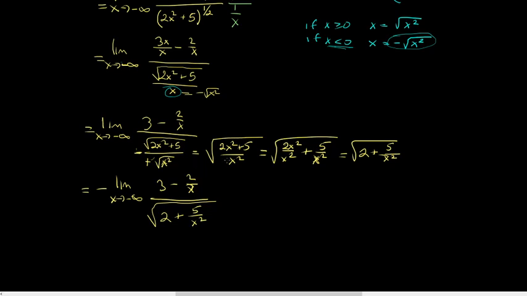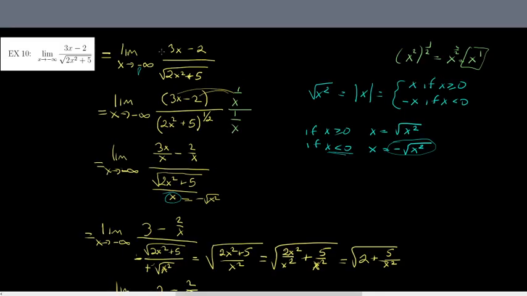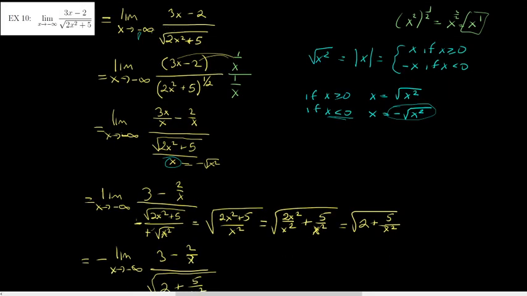So, okay, that was a lot of algebra. Let's just take a deep breath here and look at where we've been. We're calculating this limit, and the first step is to figure out what to multiply top and bottom by, in this case 1 over x, right?